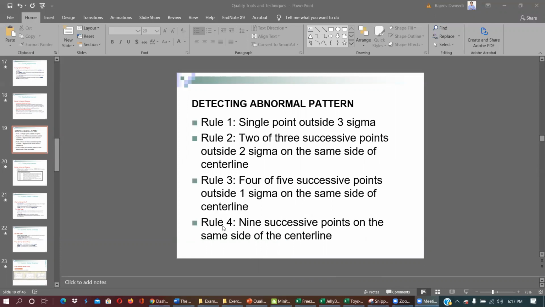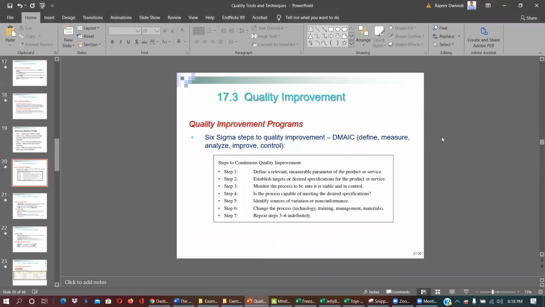And rule number 4, 9 successive points on the same side of the central line. So basically you have to test whether rule 1 appears in your pattern, whether rule 2 appears, so which rule is applicable in your chart.